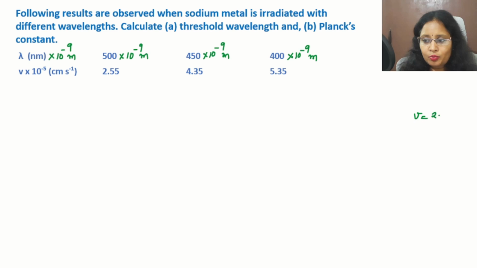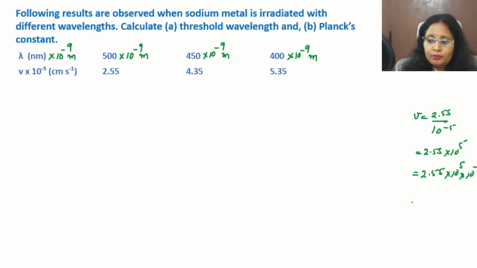V is equal to 2.55 upon 10 to the power minus 5. So 2.55 into 10 to the power 5, it will become like that. And later on 2.55 into 10 to the power 5 into 10 to the power minus 2. This minus 2 comes because 1 centimeter is equal to 10 to the power minus 2 meter. So total the value becomes 2.55 into 10 to the power 3 meter per second.